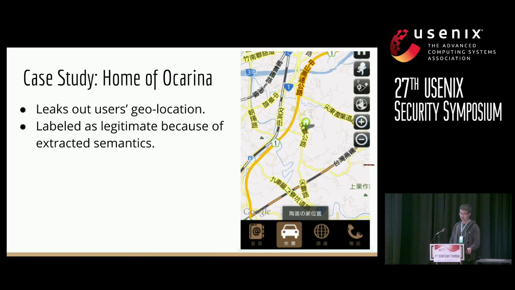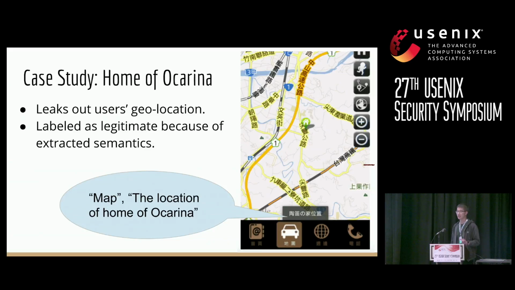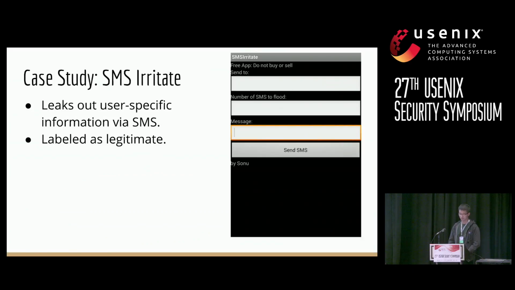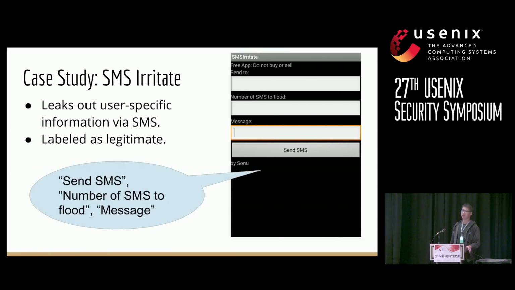FlowCog can find that this car icon button is related to this flow, and then it can further extract the semantics from this field, which, when translated into English, is the map and the location of Home of Ocarina. So FlowCog labels this flow as legitimate. I'll skip this one for time reasons.